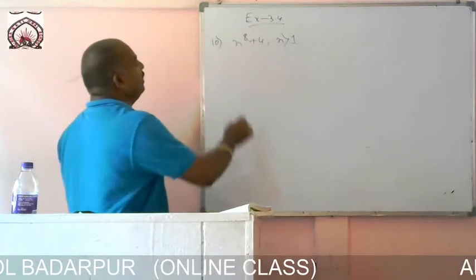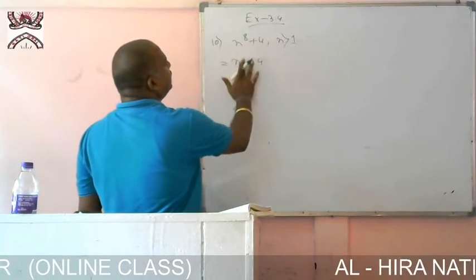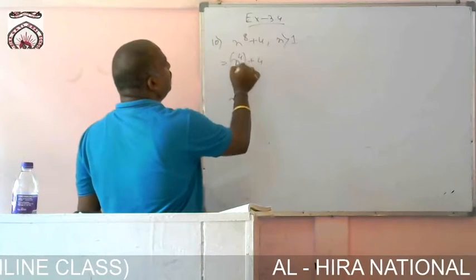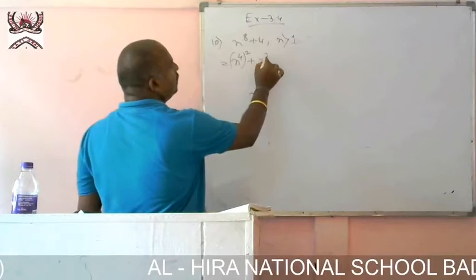Now this is n to the power 8 plus 4. Can I write n to the power 8 as n to the power 4 whole thing squared, and 4 is nothing but 2 squared.